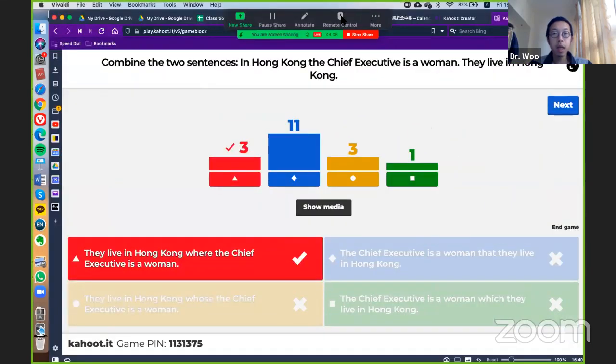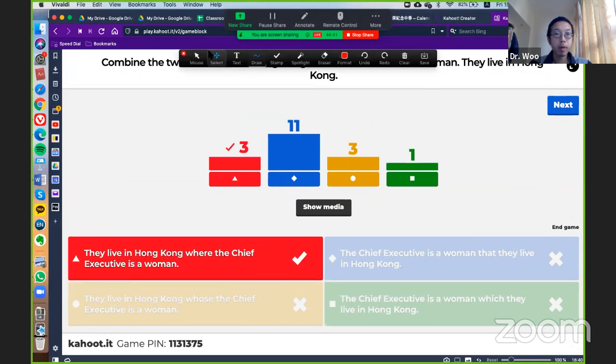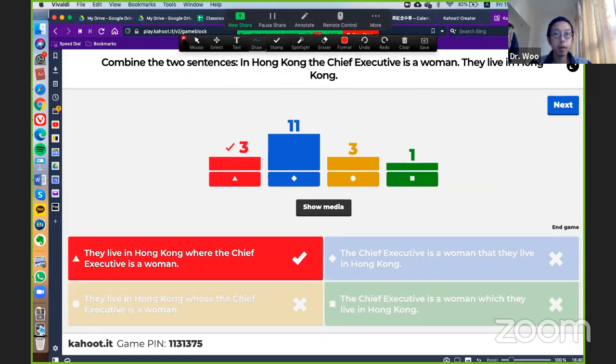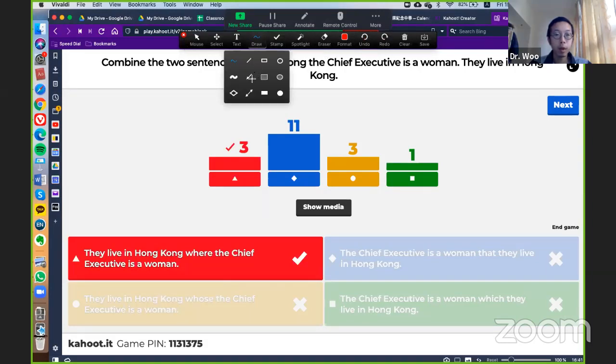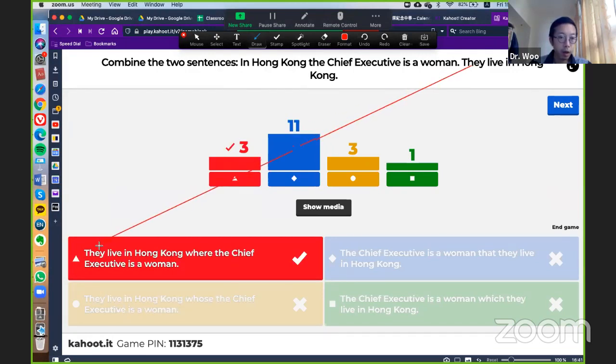So we combine these two sentences. They live in Hong Kong, where the chief executive is a woman.